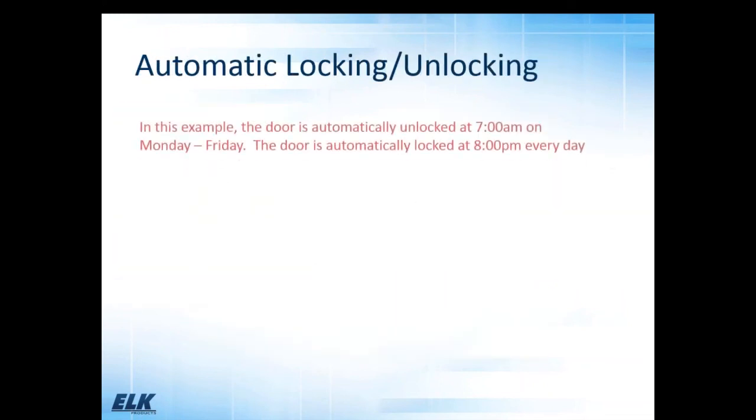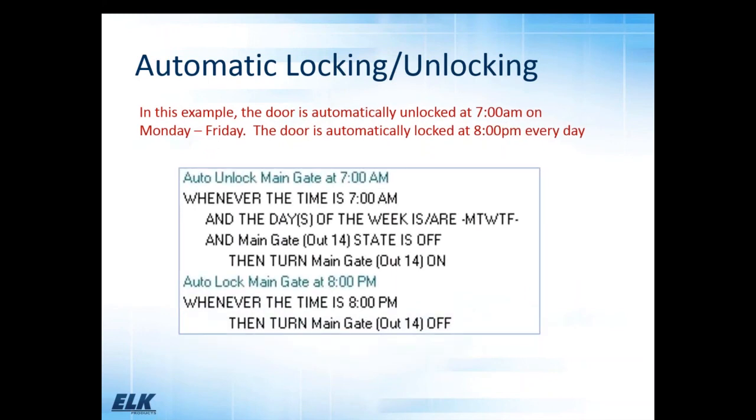Some other features would include automatically locking and unlocking of a door. In this example, we have our door automatically unlock at 7 a.m. Monday through Friday, and then the door is automatically locked at 8 p.m. every day. For a business or just wherever, maybe it is for a tool bin or something that you want unlocked at specific times.